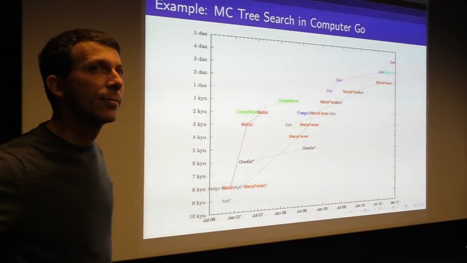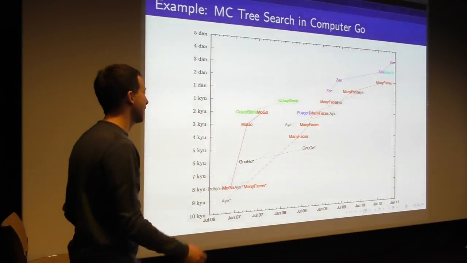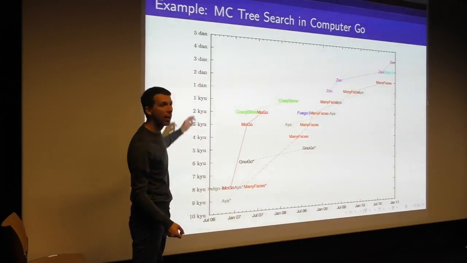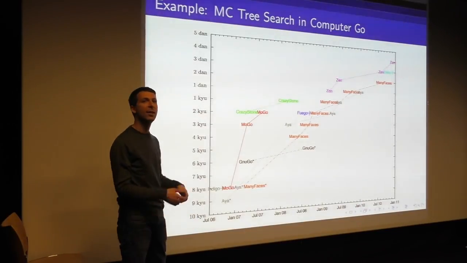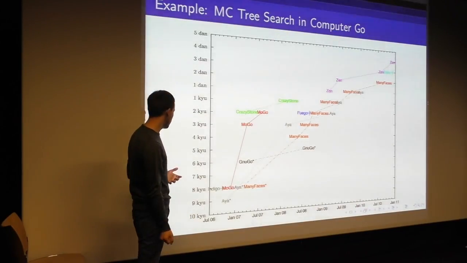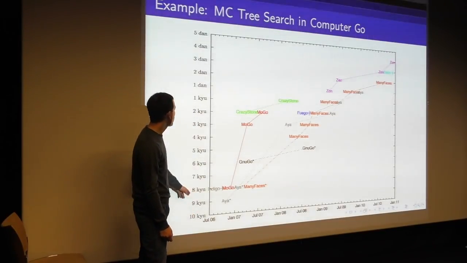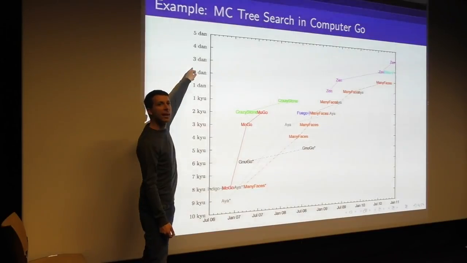Can you explain the y-axis? Ah, sorry, yes. I should explain this diagram. The x-axis is time. The y-axis is the strength of the Go program over time. This is the rankings that humans use. Starting from Kyu levels, where lower Kyu is better, and then higher Dan is better.